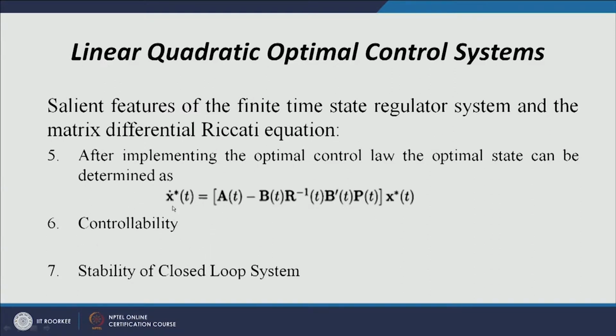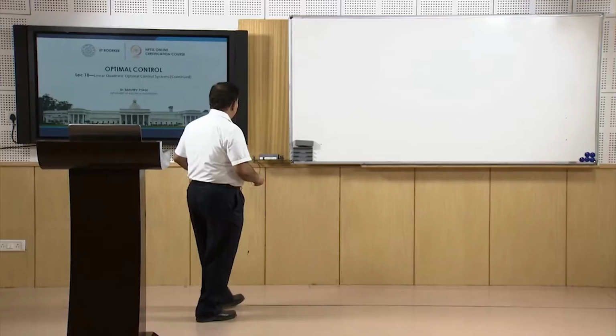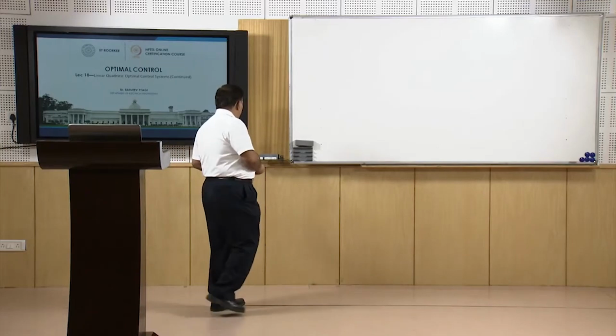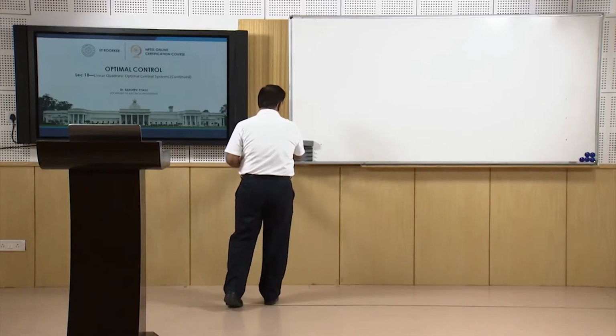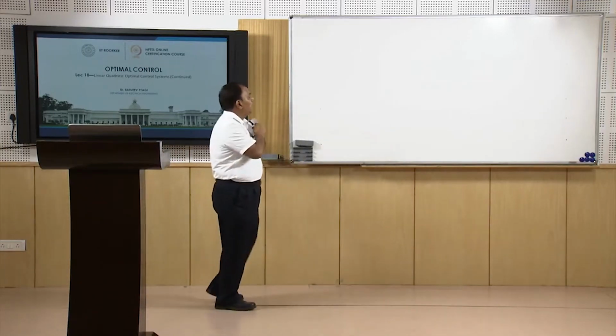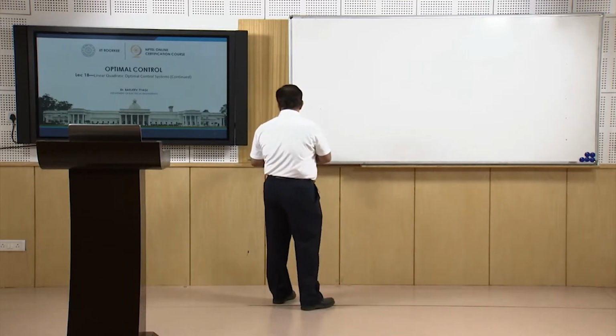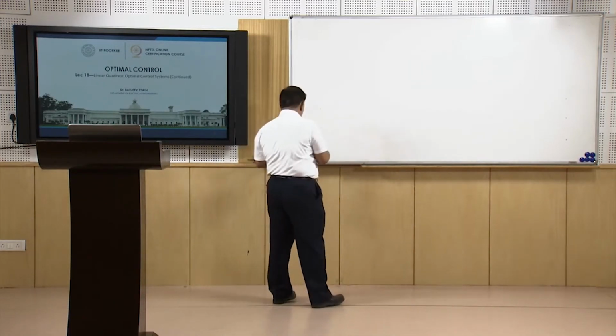A finite time regulator need not be controllable, and we are discussing the stability of my closed loop system, which is defined as x dot t equal to A(t) minus B R inverse B prime P(t). This system is stable, which we can show using the Lyapunov theorem.